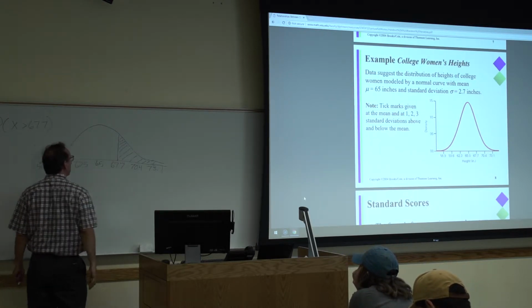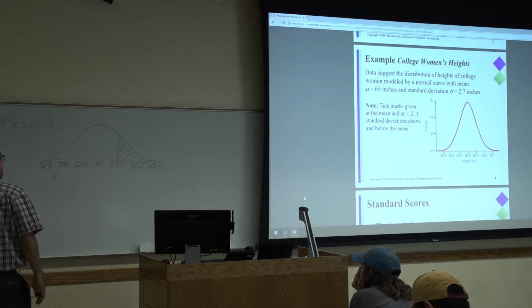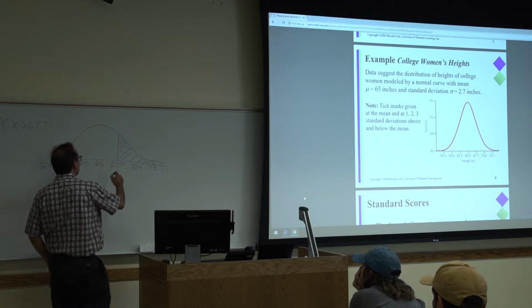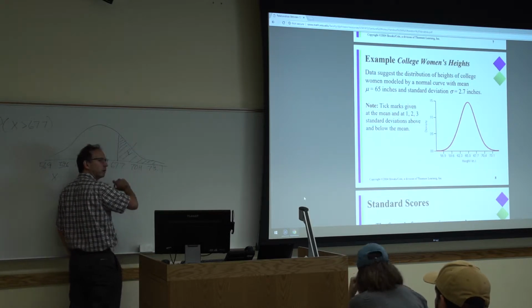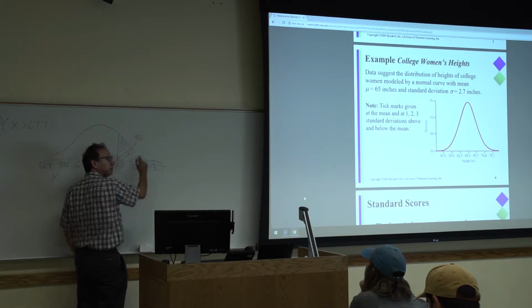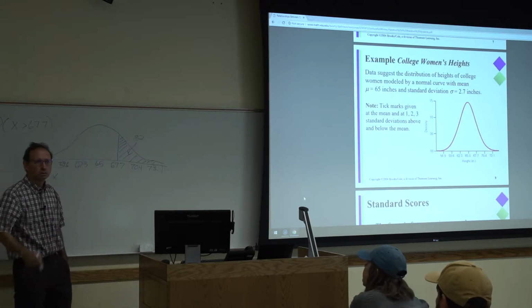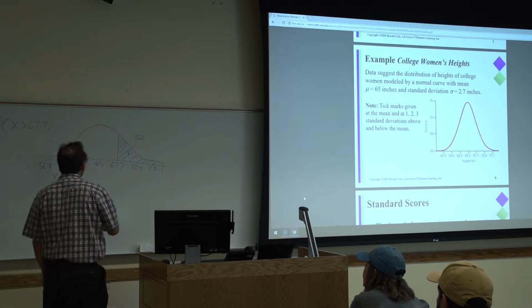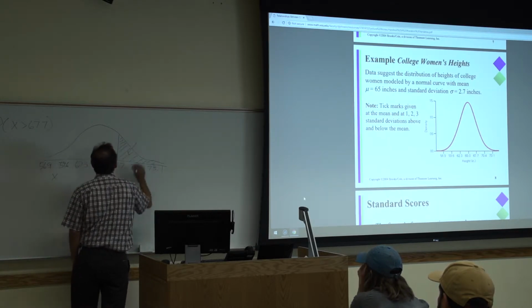So 32%. What would you tell me about this area here? You'd say 0.32? You don't agree? This 32% would be split between either side of the mean.